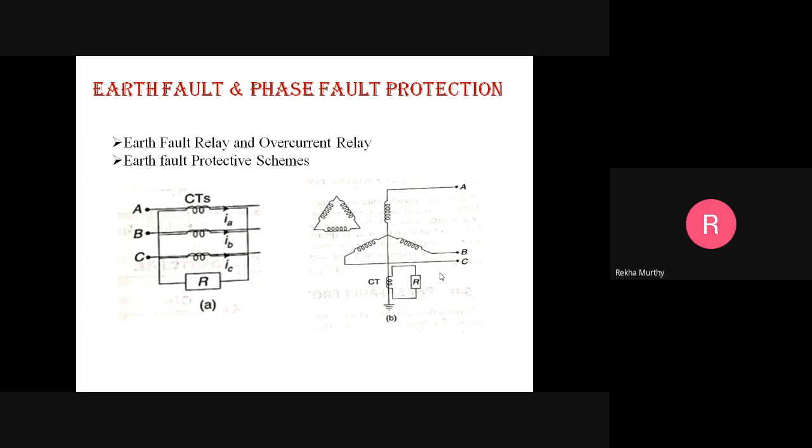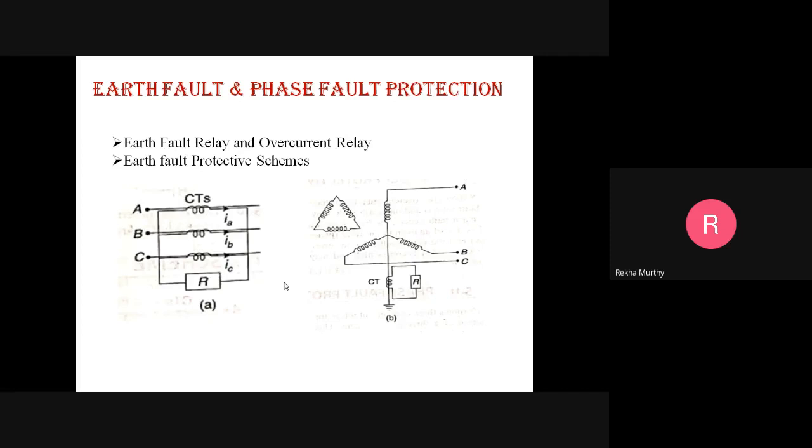Now here, the earth fault relay and overcurrent relay. The relays used for the protection of a section of a power system against earth fault are called earth fault relays. Similarly, the relays used for the protection of a section of a power system against phase fault are called phase fault relays, or overcurrent relays.